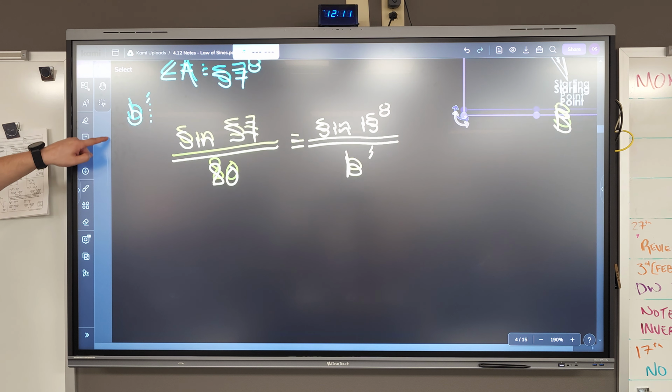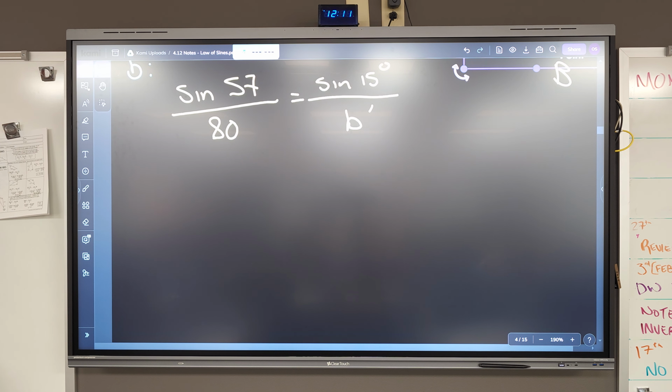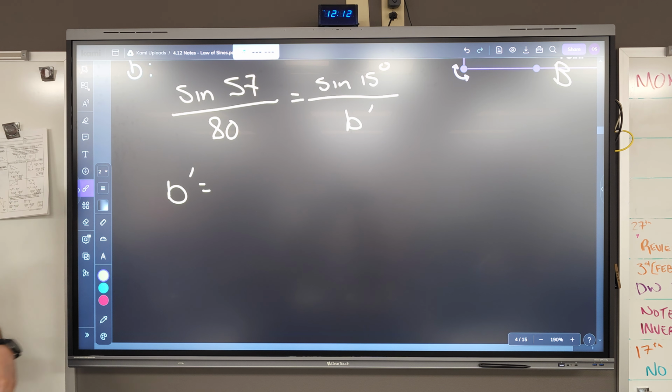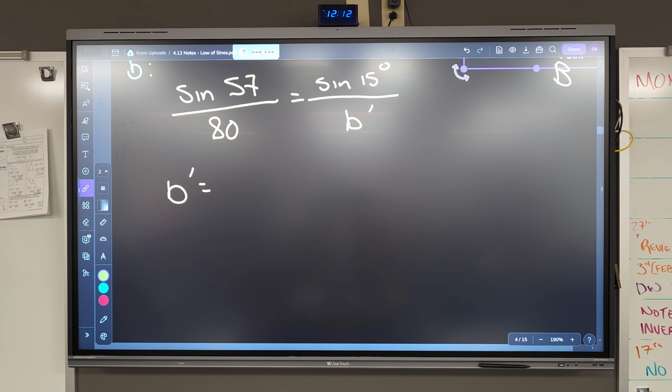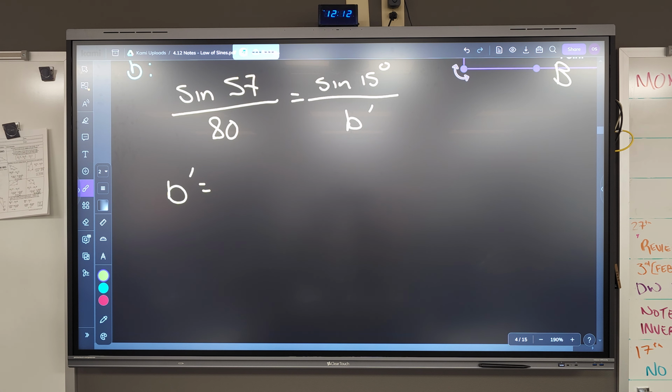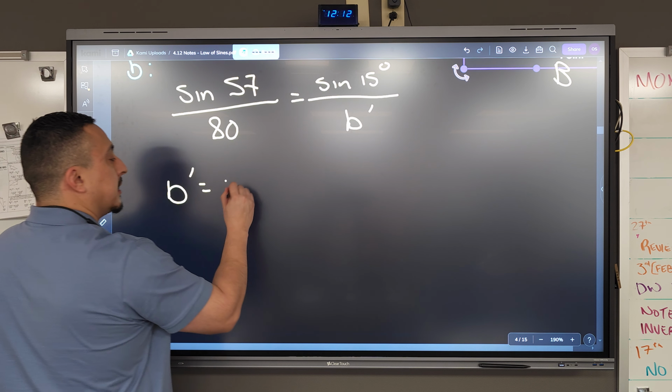Should I flip this fraction? Absolutely, because the B's on the bottom. Okay, those of you that have fast hands, tell me what side B is. I'm not going to solve it again because it's the same as the other one. 24.6.